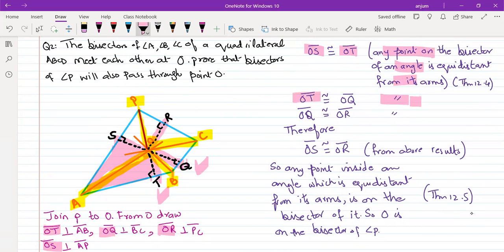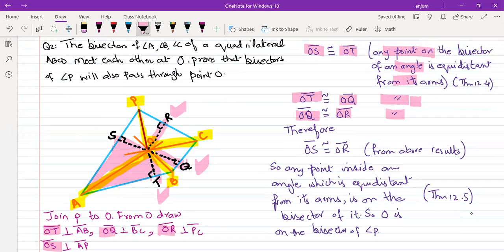And there is another result, that is OQ and OR. OQ and OR are also the distances from point O, and O is on the bisector of C, so any point on the angle bisector is equidistant from the arms of the angle.